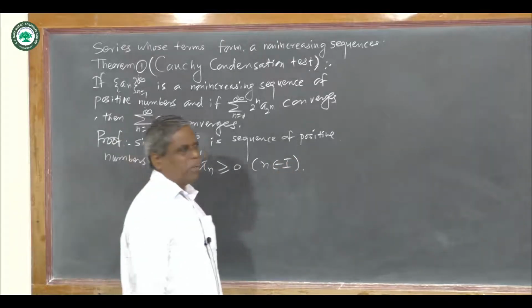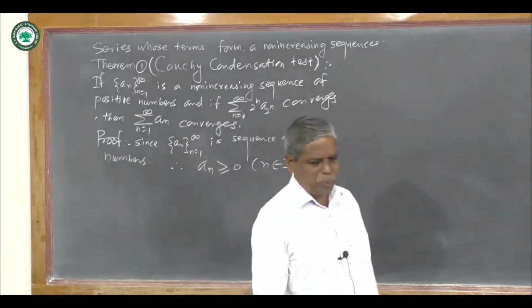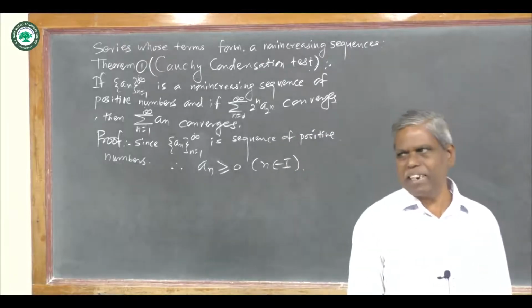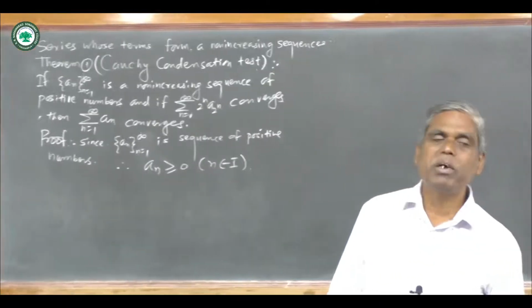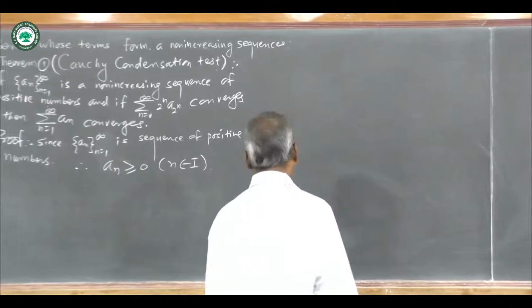That is, a1 is greater than or equal to 0, a2 is greater than or equal to 0, an is greater than or equal to 0, an plus 1 is also greater than or equal to 0, and so on.